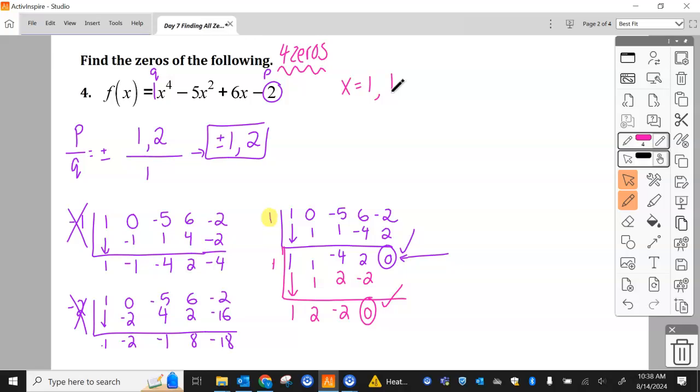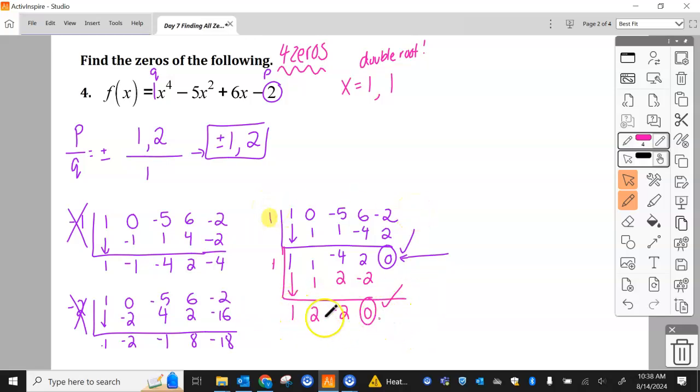But 1 was a double root. And we were led there by default, just to reiterate, because -1 didn't work, -2 didn't work, and +2 didn't work. So the only option we had was to retry 1 again.